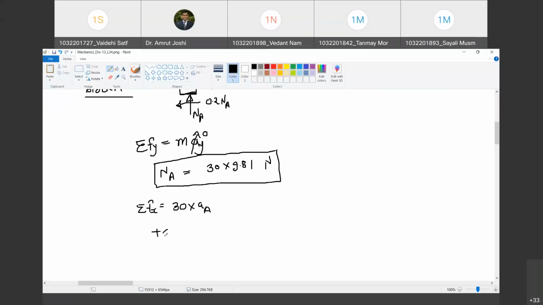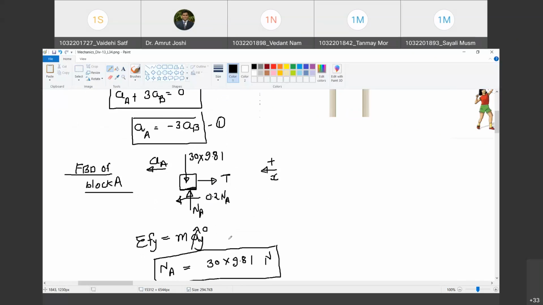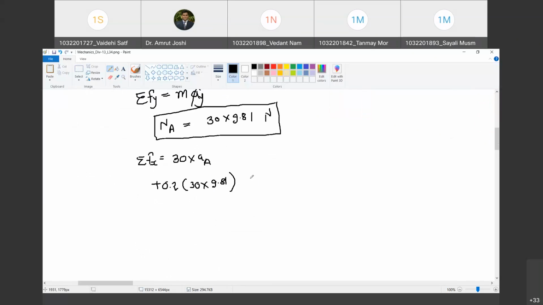So plus 0.2 times 30 into 9.81, minus T. This must be equal to mass 30 into AA.